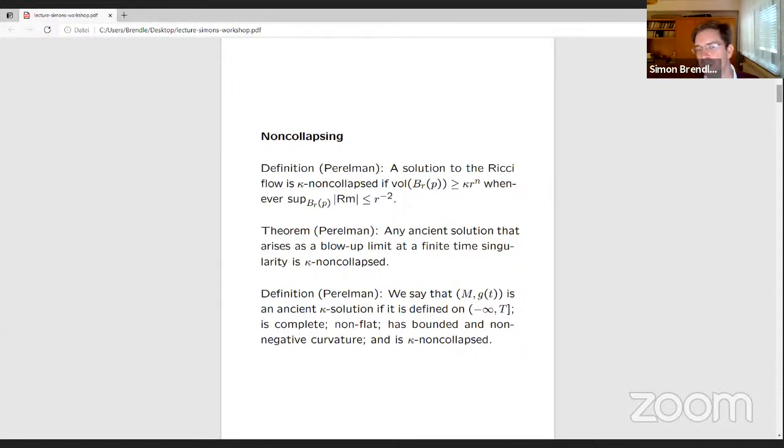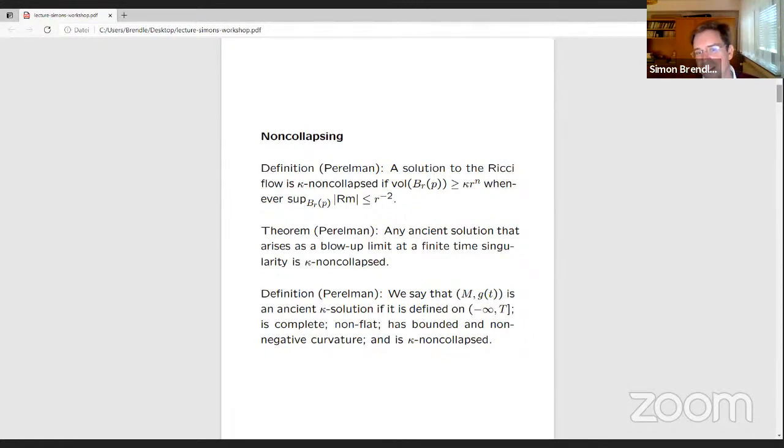So basically, if you have a ball such that the curvature in that ball is controlled, then assuming that the solution is non-collapsed, you will get a lower bound on the volume. So very loosely speaking, non-collapsing means that curvature controls volume.